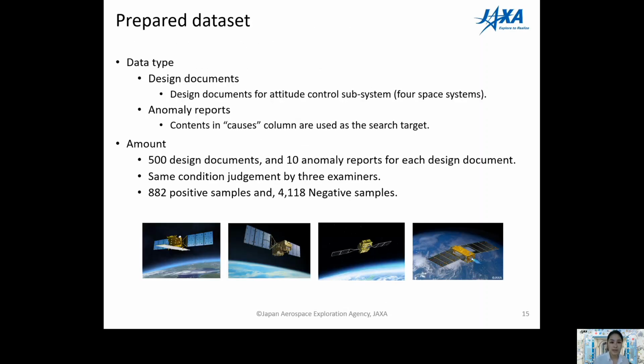Also, we prepared a dataset to evaluate them. We collected design documents for the attitude control subsystem from satellite systems. And we also collected anomaly reports, which I mentioned before.